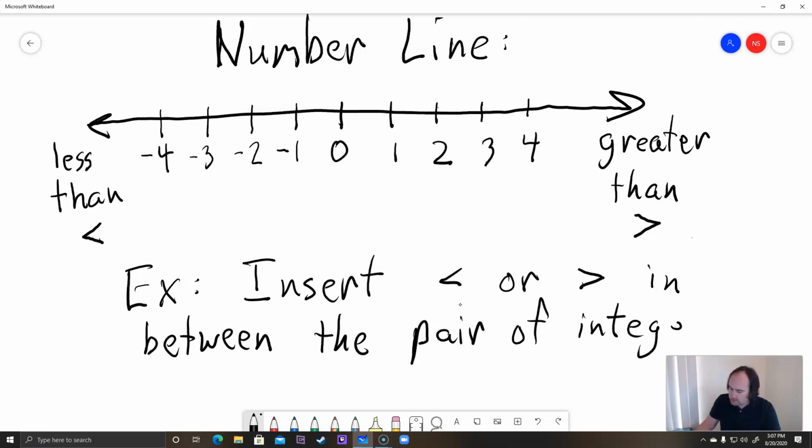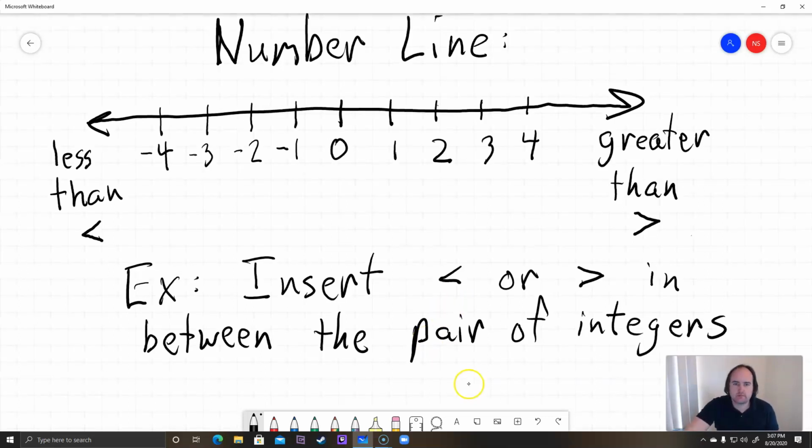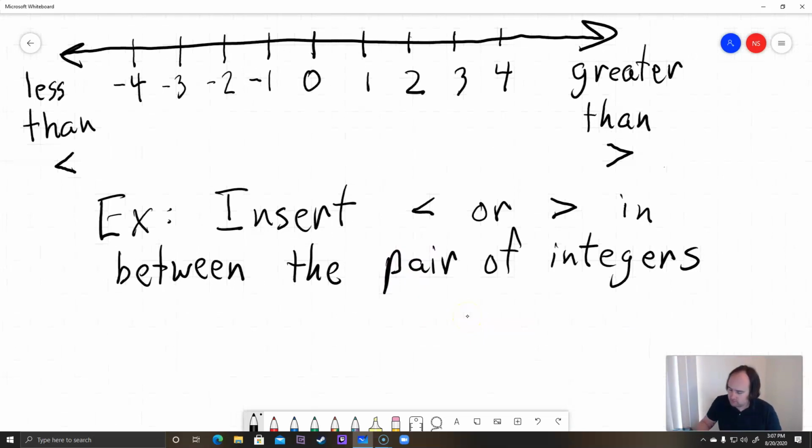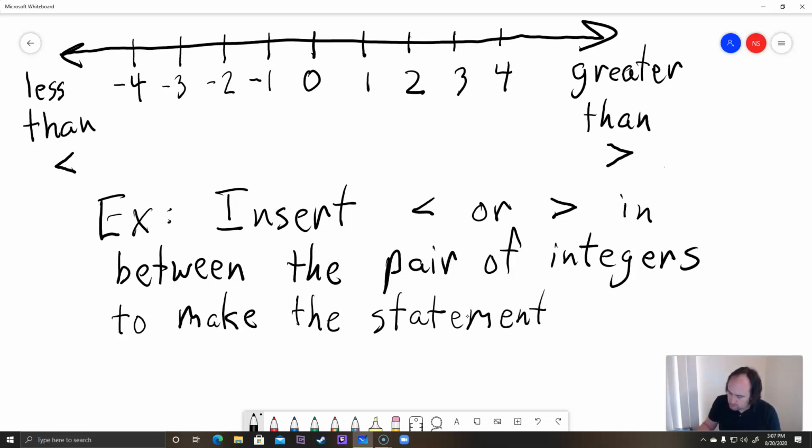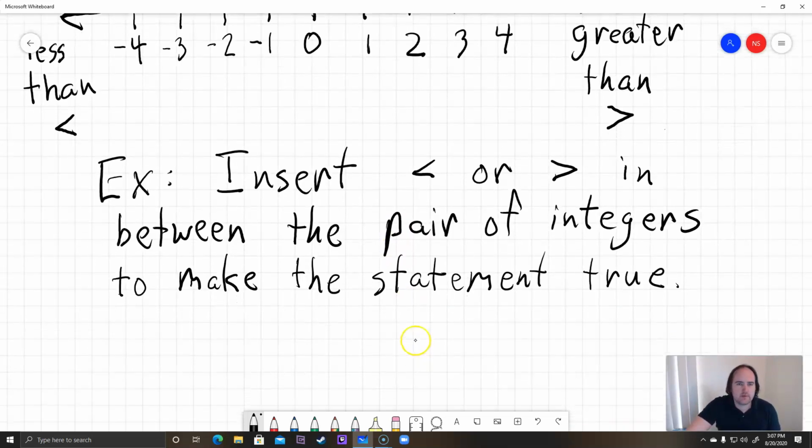And we're going to be putting in a less than or a greater than in between the pair of integers to make the statement true. Okay. And we'll do a couple examples of this.